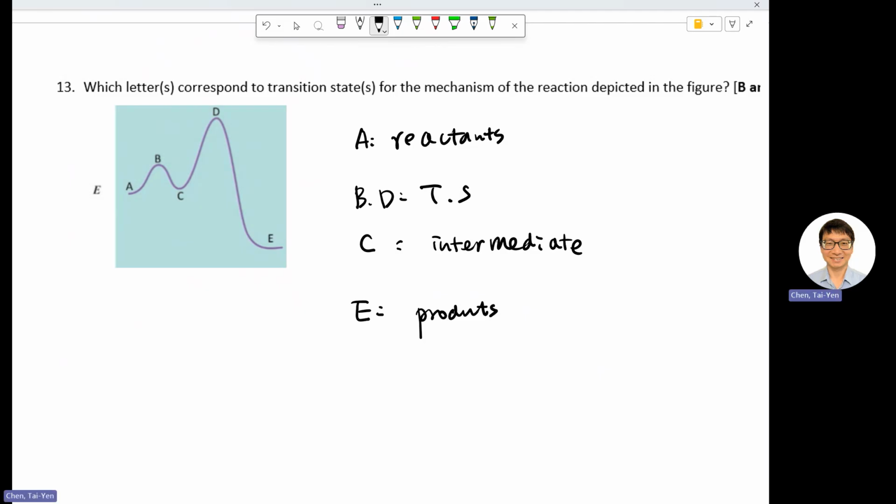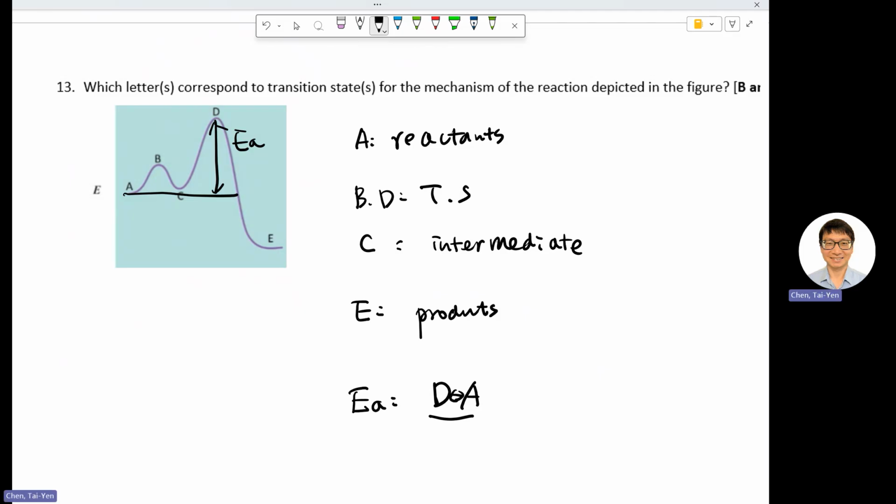Between which two is your Ea? D to... you need to know this, right?